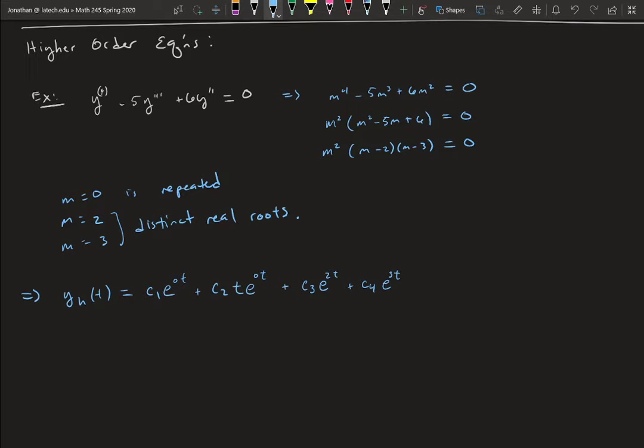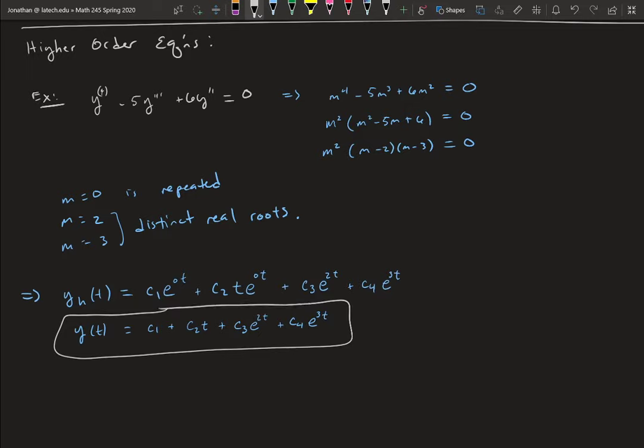We can reduce that, because e to the 0 is just 1, so that's c1 plus c2 t plus c3 e to the 2t plus c4 e to the 3t. That's our general homogeneous solution.